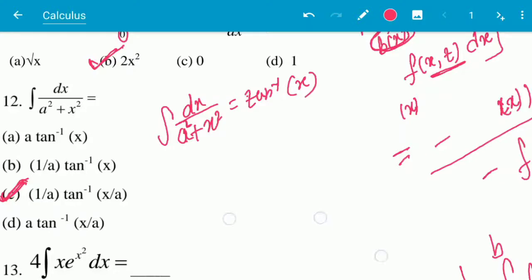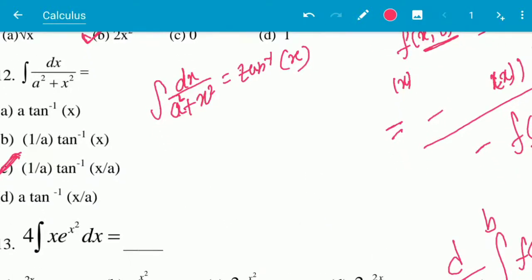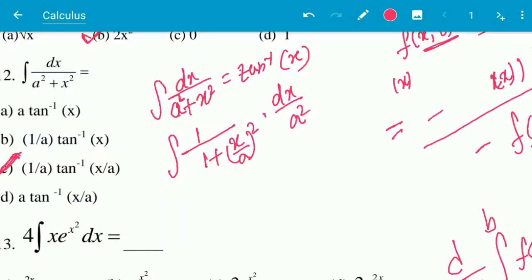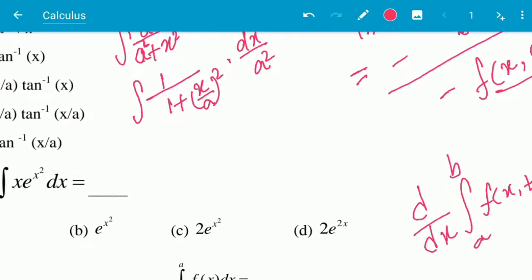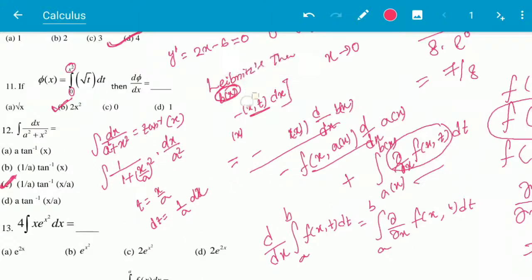How can this be proved? If we write this like this, 1 by 1 plus x by a whole square into dx by a square. That means I have taken a square common in the denominator. So if we put t is equal to x by a, then dt will be 1 by a dx.